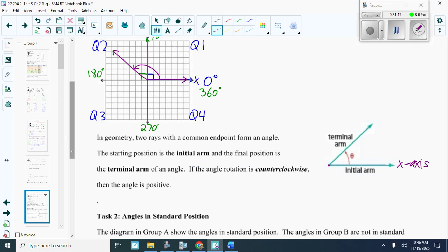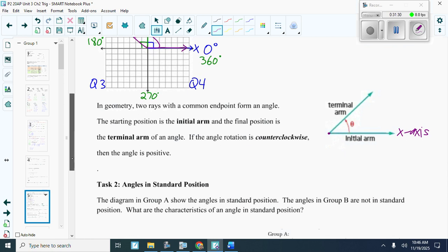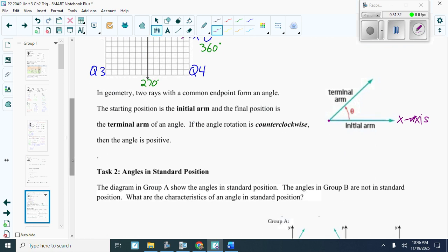It's called terminal because terminal means that it ends. So initial is the start, terminal is the end, and the angle that it makes in between, that's our theta. And we always rotate according to the quadrants, so we always rotate counterclockwise.